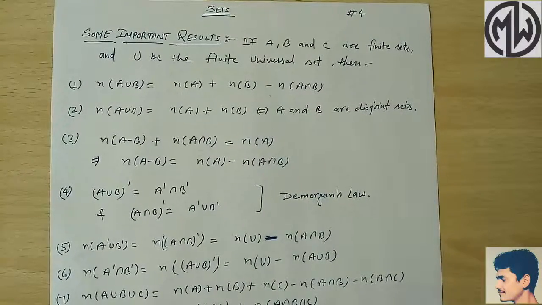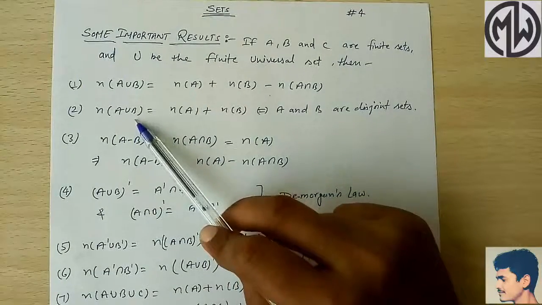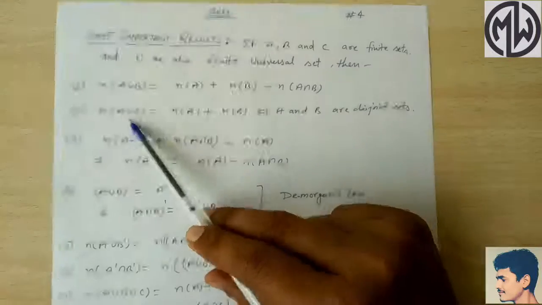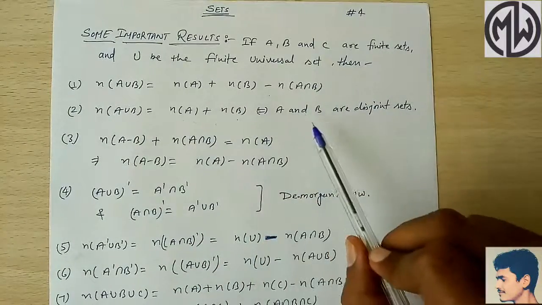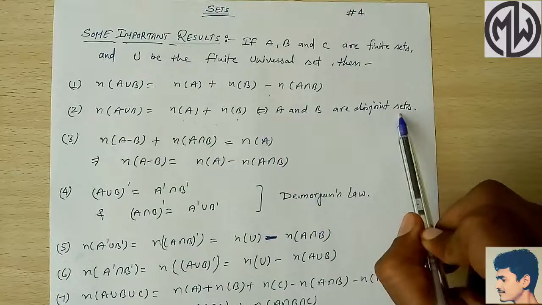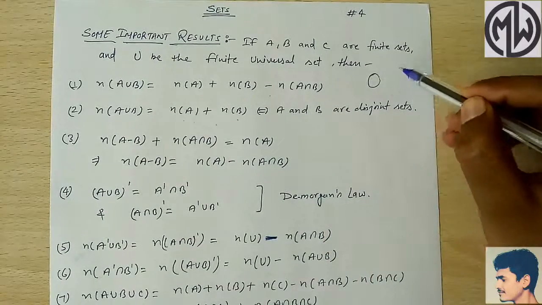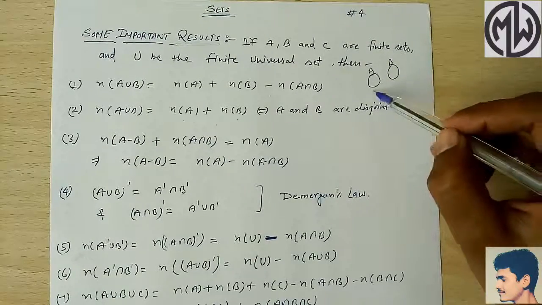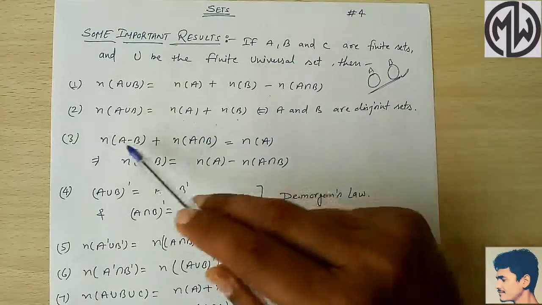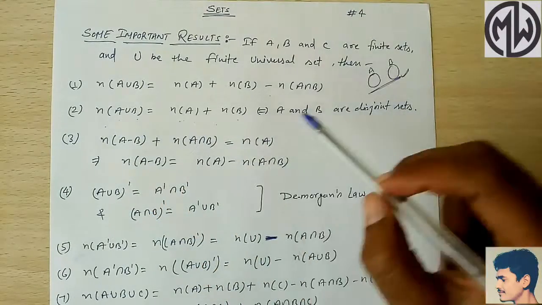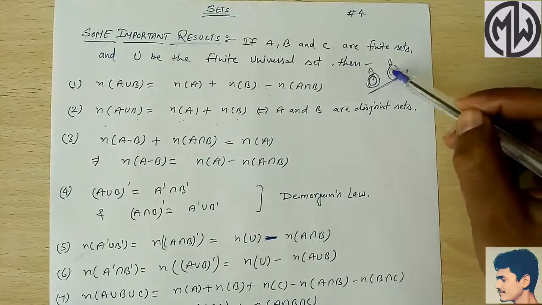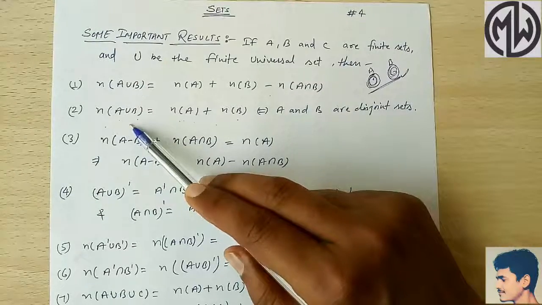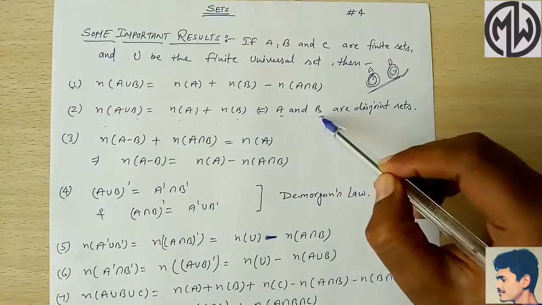Alright, our next result is: number of A union B is equal to number of A plus number of B. This means this part is equal to this part only when A and B are disjoint sets. Means if your first set is this and the second set is this, this is your A, this is your B, then in this case number of A union B is equal to number of A, means its elements, plus its elements, because A and B are disjoint sets.